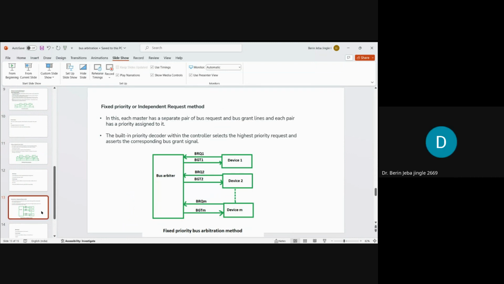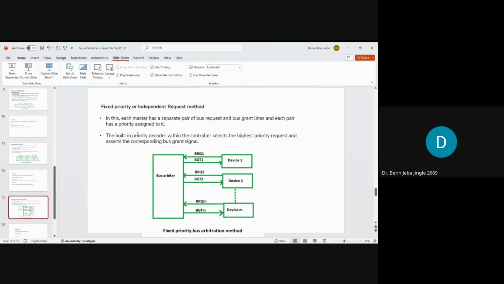Next, we study the fixed priority or independent request method. Here, a device that sends a request to the bus arbiter is granted immediately. In this, each master has a separate pair of bus request and bus grant lines.